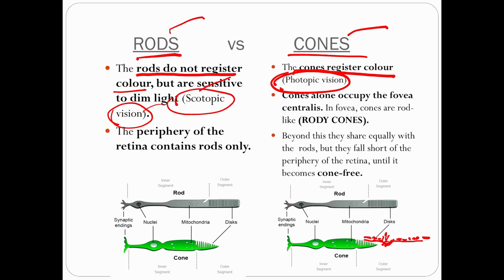But these cones are not like regular cones; they are like rods, which is why they are called roddy cones as well. In the periphery, cones are almost totally absent.